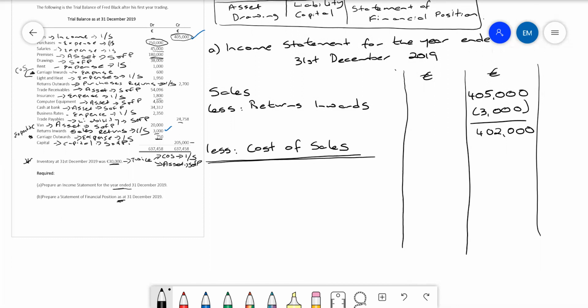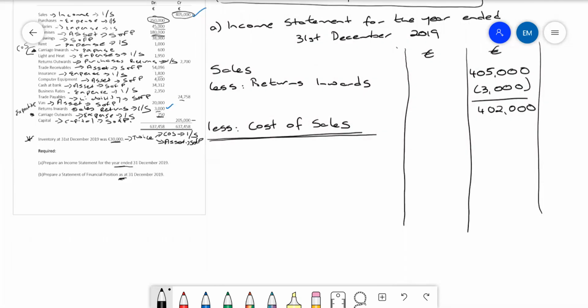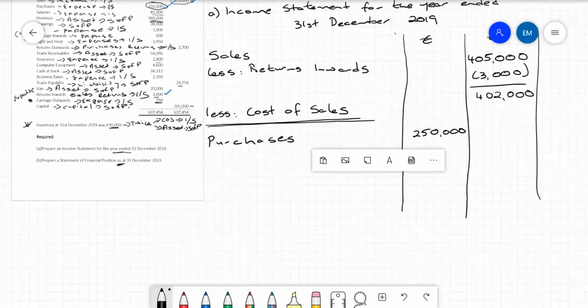And the first figure that features in our cost of sales figure is the purchases figure. So our purchases figure is €250,000, and we take that off as we go. Now we're using the left-hand column because we are determining our cost of sales figure. It is a subsection of the trading section of our income statement.